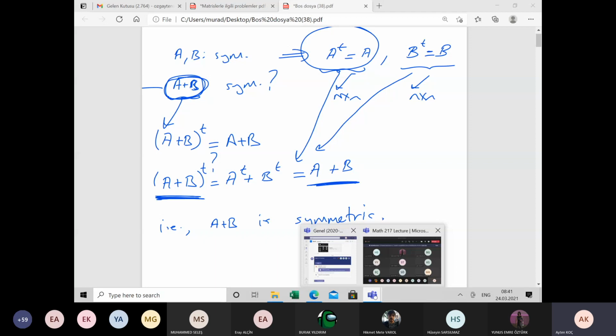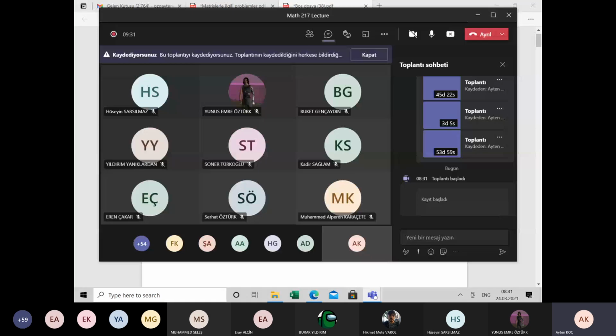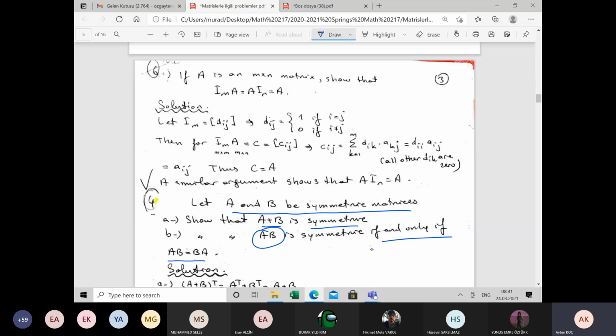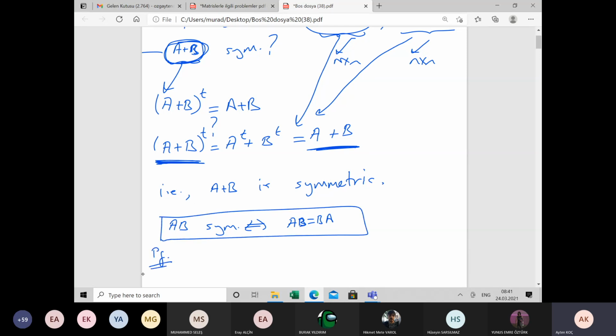No question. Okay, and the next part: AB is symmetric if and only if AB equals BA.